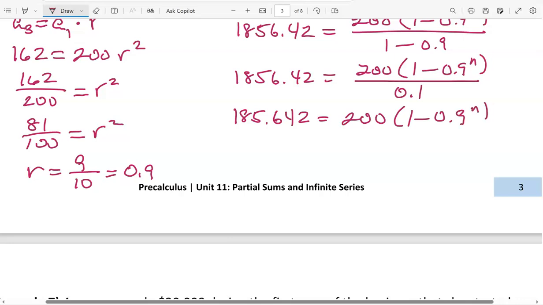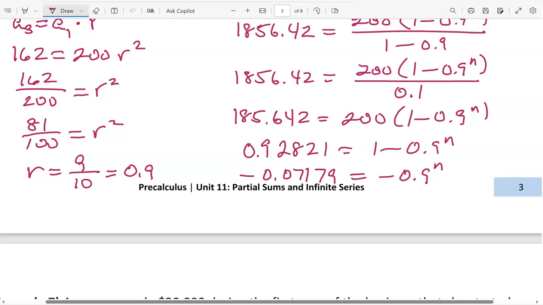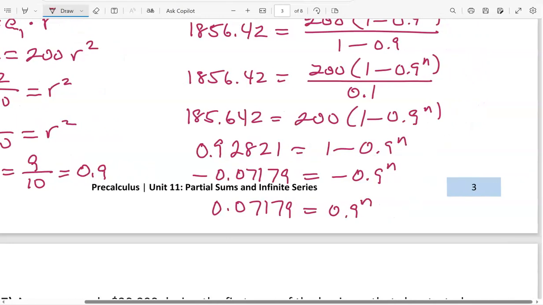Dividing by 200, we get 0.92821. Next we can subtract 1 and then divide by negative 1, which will allow us to find the value of n using a logarithm.